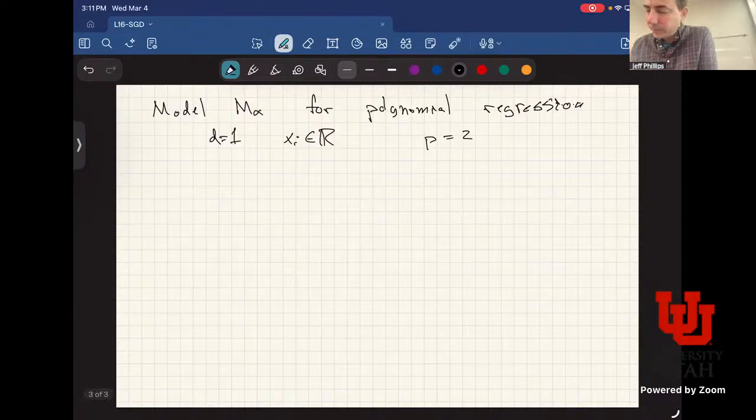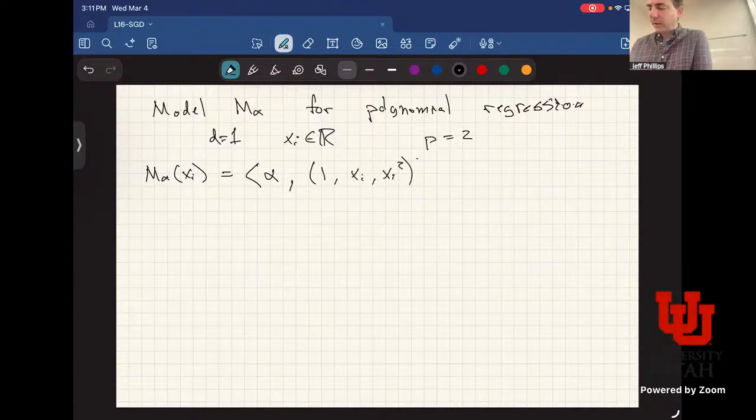In this case, our model at some value xi is just a dot product of alpha with (1, xi, xi squared). So I did the expansion of xi: to the 0th power I got a 1, to the 1st power I got xi, and to the 2nd power I get xi squared.